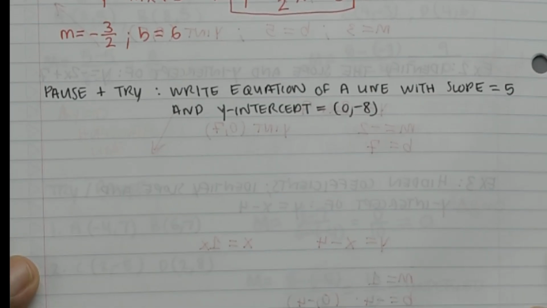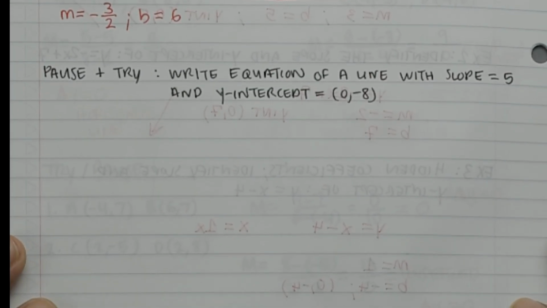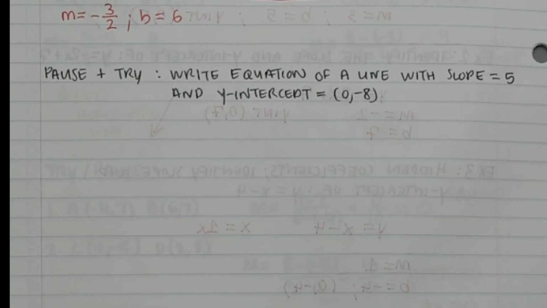Here's what I want you to do. I want you to pause the video and try this here. All right, so the question says, write the equation of a line with slope equals 5 and y-intercept of (0, -8).